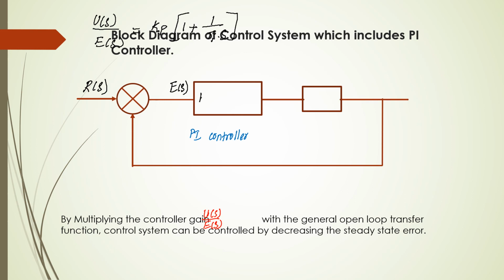The gain of the system is the above equation, Kp of 1 plus 1 by Ti dot s. So this is the gain of the system, which is actually the total PI controller's output, that is U(s).